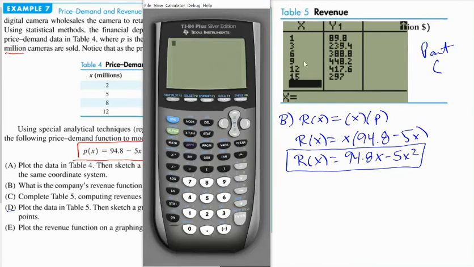So we're going to take this table of values and put it into our stat plot. So we hit the stat button. We go to edit. We're going to delete these values out. And we're going to enter the table that we created for our revenue function. So 1, 3, 6, 9, 12, and 15.